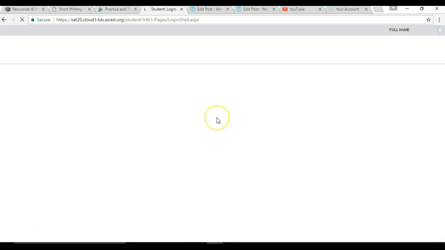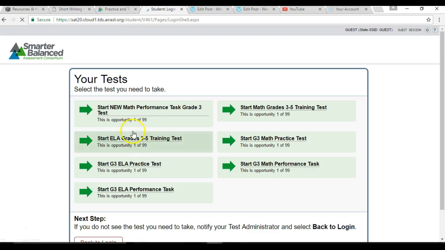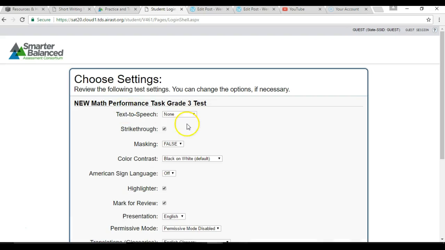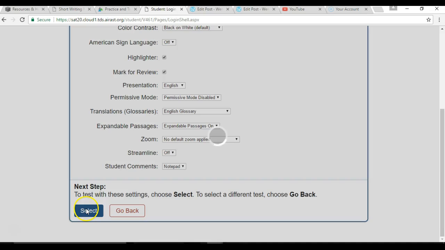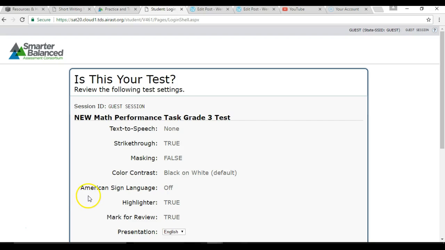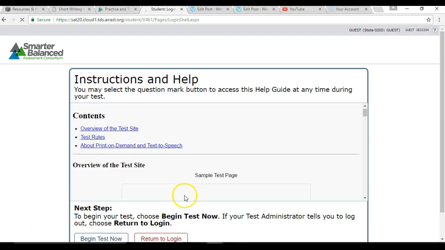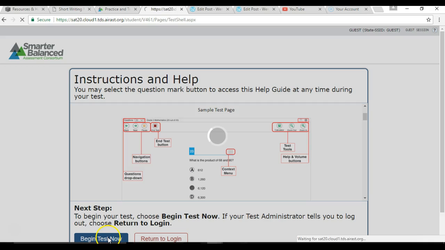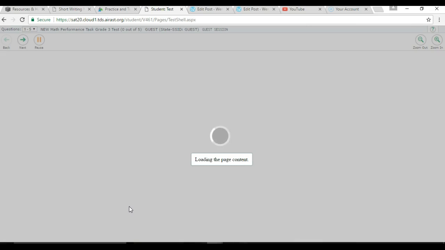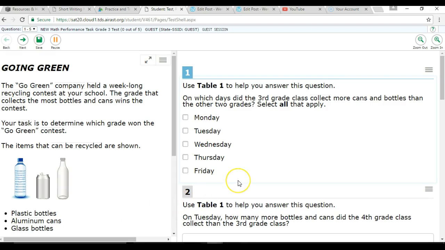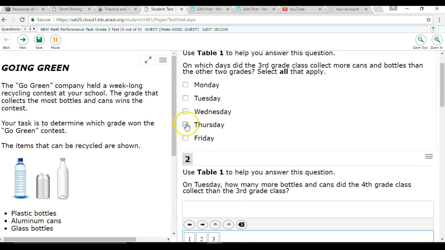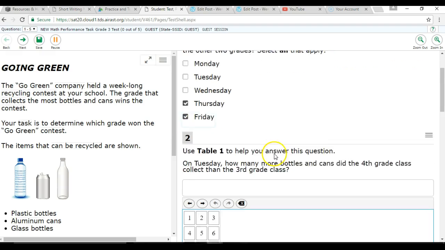Okay, so start new math performance task, grade 3. Okay. So, we had said this happened on Thursday and Friday.